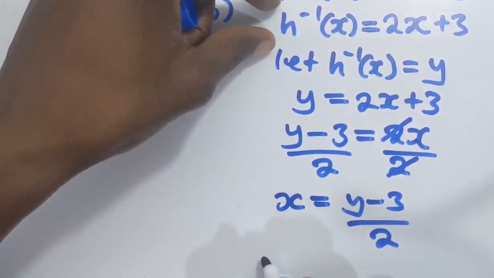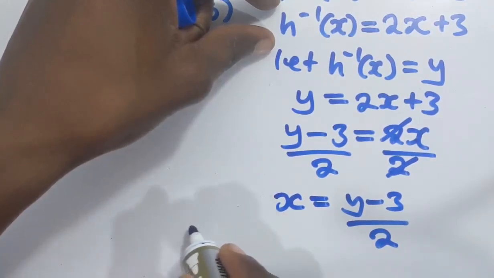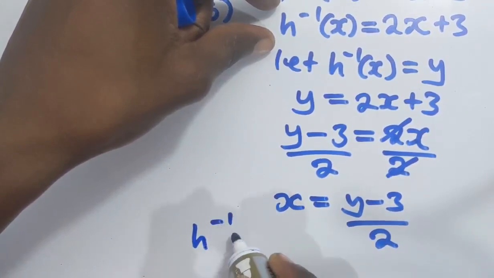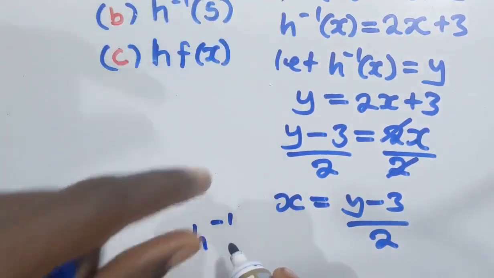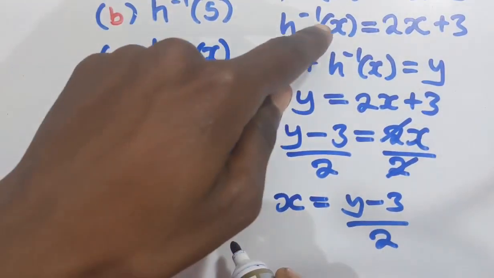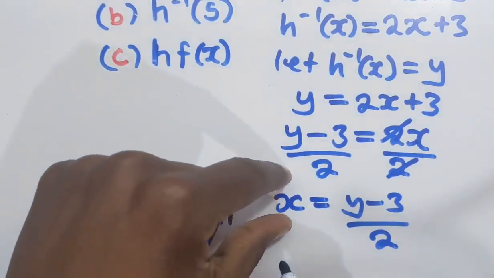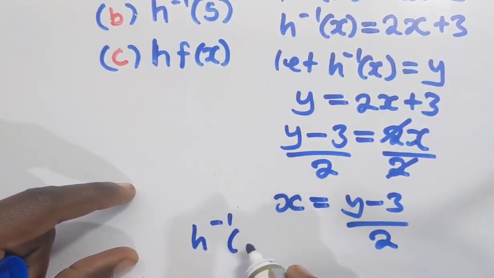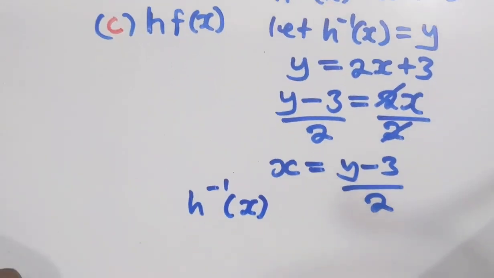We are going to say h inverse. There is x here, so we are going to get this same x and put it here.